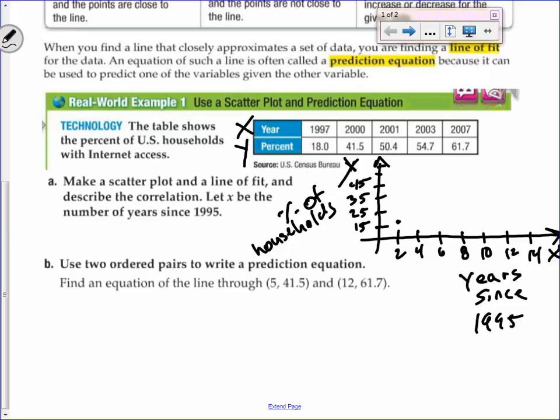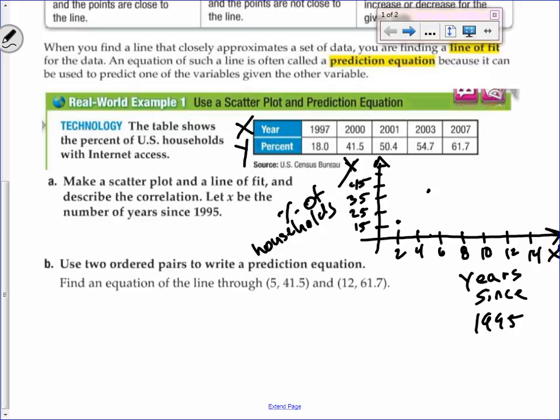In the year 2000, that's 5 years after 1995, and the percent of households jumped all the way up to 41%. Then in 2001, that's 6 years after 1995.